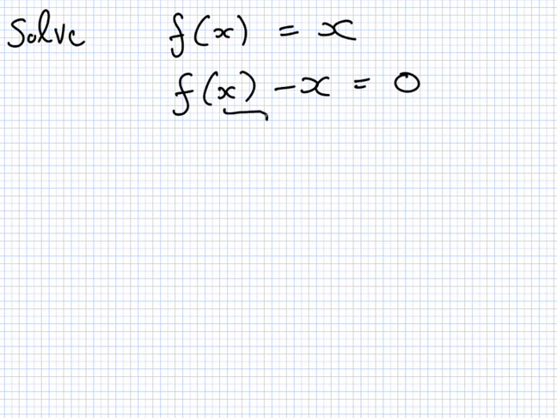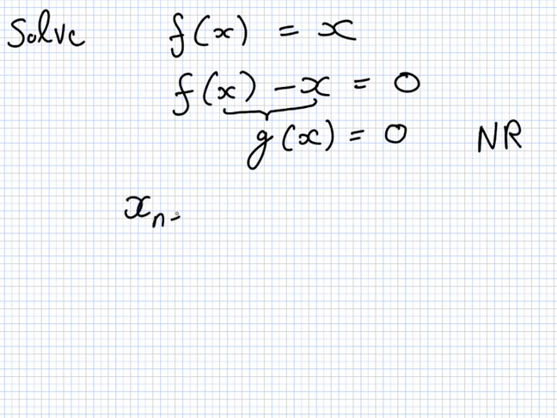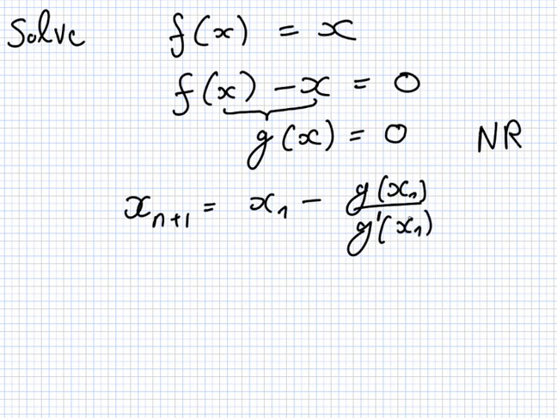And if you call this here on the left g, then your problem is basically you want to solve this. And what process can we use here? Well, we can use Newton-Raphson because now we've changed the problem into finding a root. So Newton-Raphson says x n plus 1 equals x n minus g of x n over g derivative of x n.